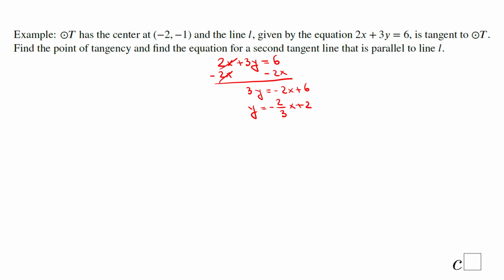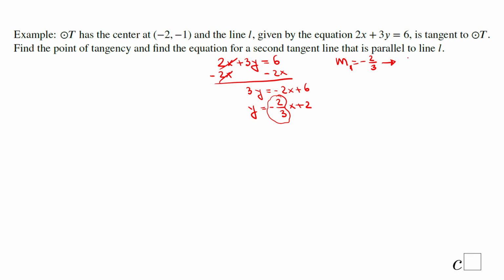Okay, what do I need here? I need this slope. The slope of this line is -2/3, and I'm going to call it M1. This is the slope of the given line. Then I want you to do the negative reciprocal.